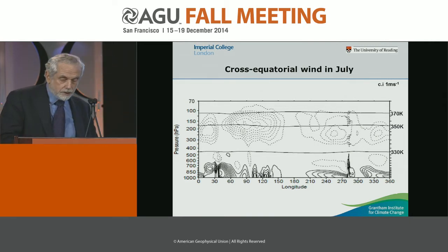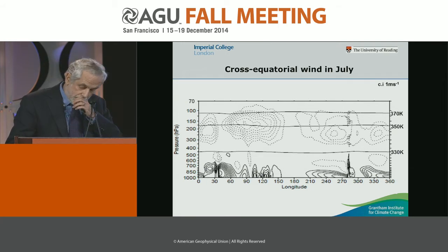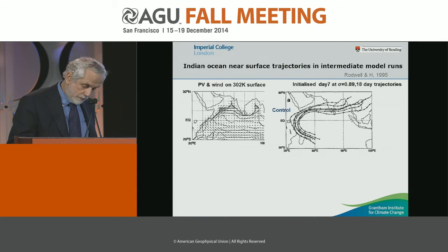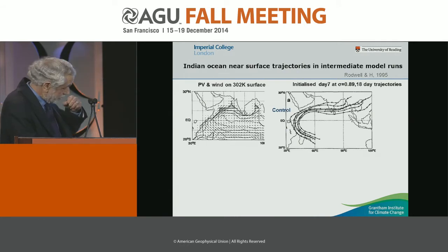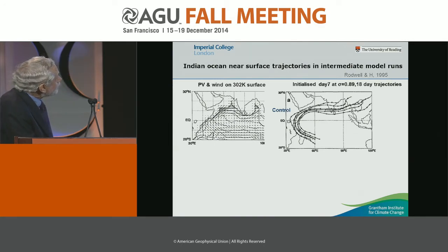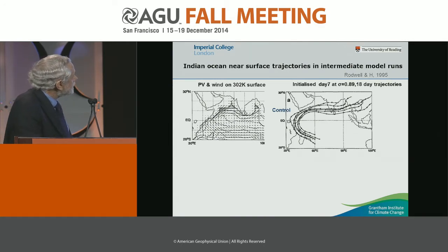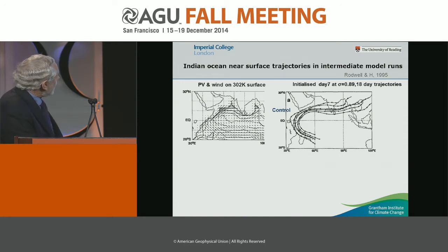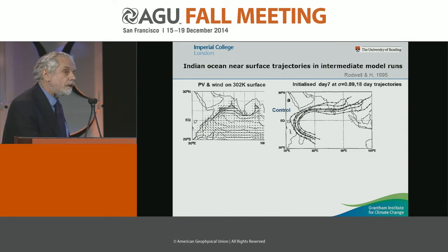But I'll concentrate on the low levels to start with, seeing how the air gets from the southern hemisphere to the northern hemisphere in this northern hemisphere summer season. And this is again borrowing from previous work, Mark Rodwell's PhD thesis back in 1995. We had a toy model of the Asian summer monsoon, which involved switching the heating on and then watching how the flow developed.